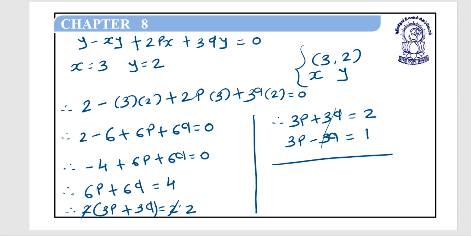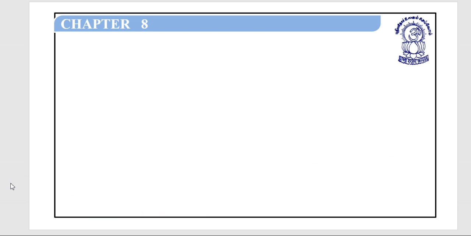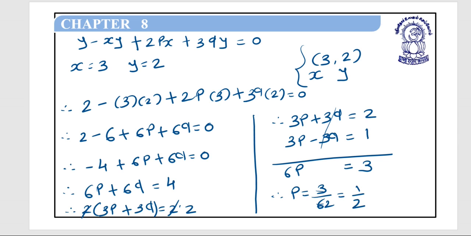Plus and minus cancel. 3p plus 3p is 6p. 2 plus 1 is 3. So p is equal to 3 by 6. 3 2s are 6. 1 by 2. Here p is equal to 3 by 6, 1 by 2.